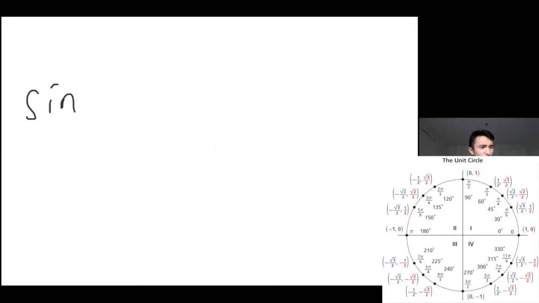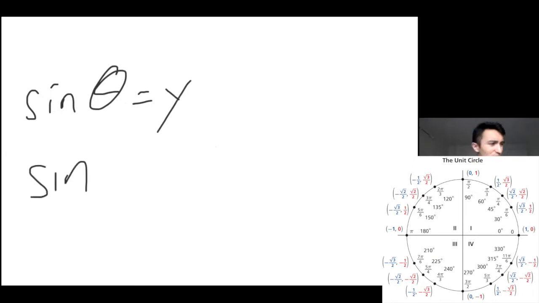Let's just pick any random angle, let's say 30 degrees, it's an easy one. Sine 30 degrees equals the y value on the unit circle, which looks like it's 1/2.